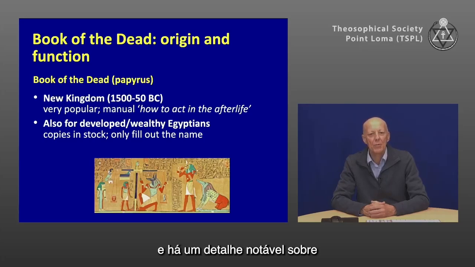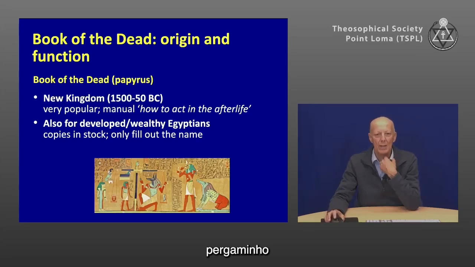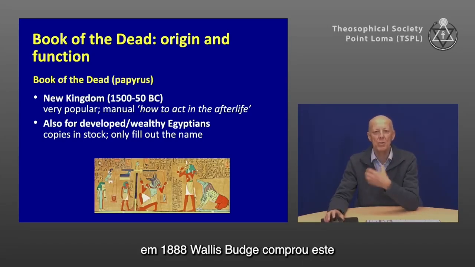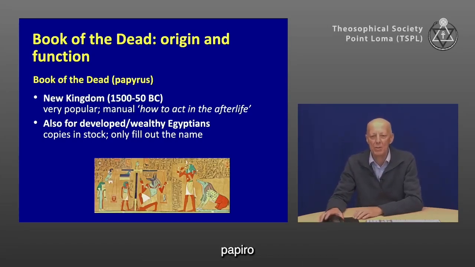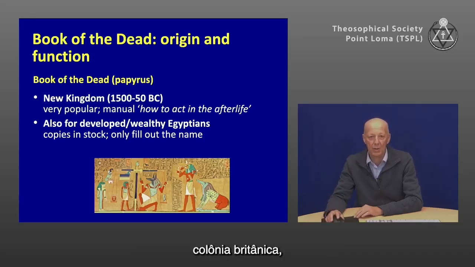And there is a remarkable detail about this scroll. In 1888, Wallace Budge bought this papyrus in Egypt, which was then still a British colony.